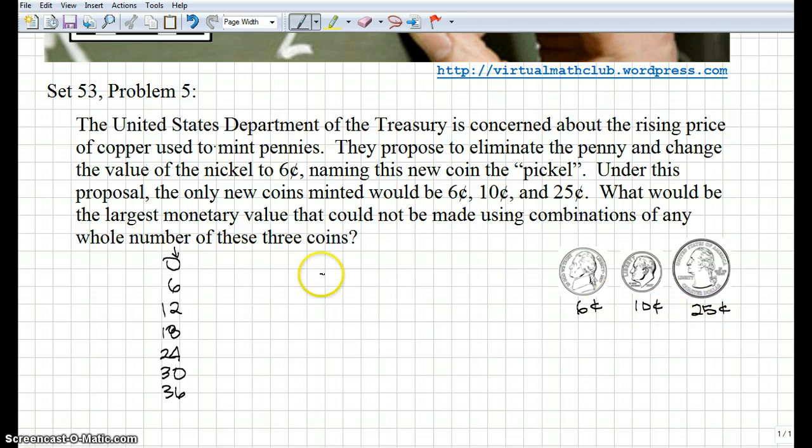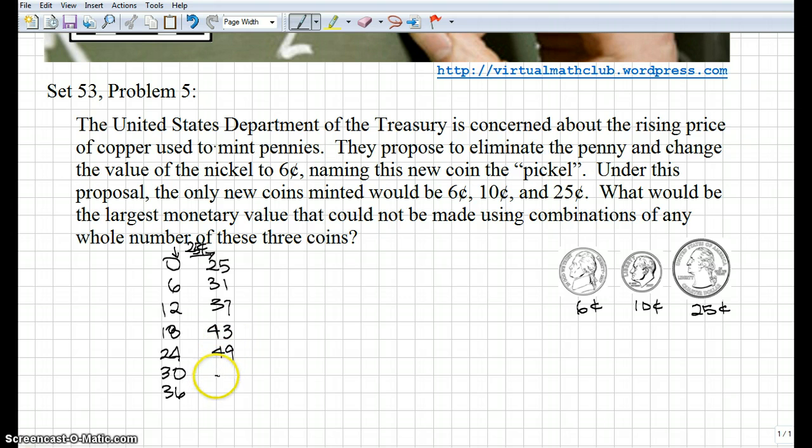So since 25 is odd, if we add 25 cents to these numbers, what do we get? We get 25, 31, and here we have 37. If we add 25 to 18, we get 43. We get 49.